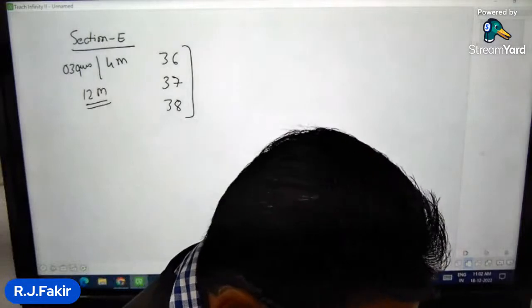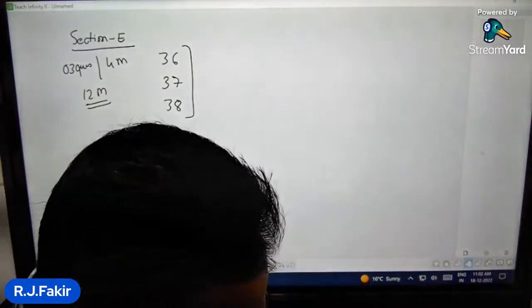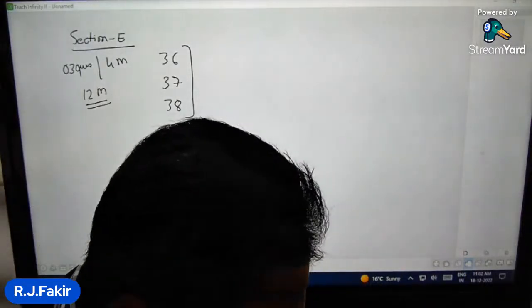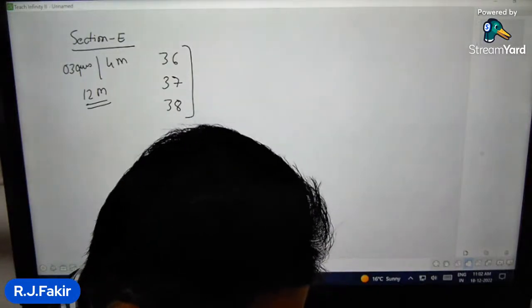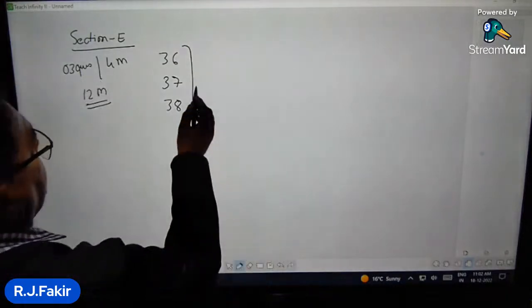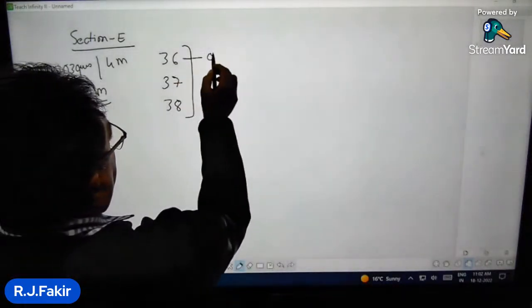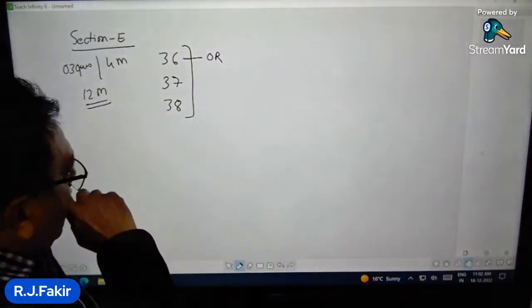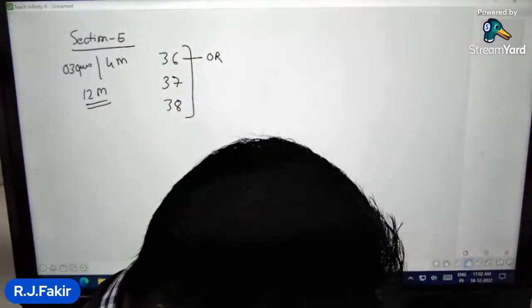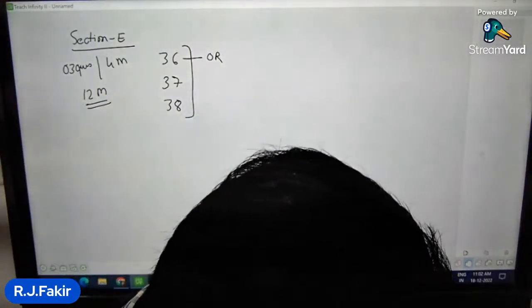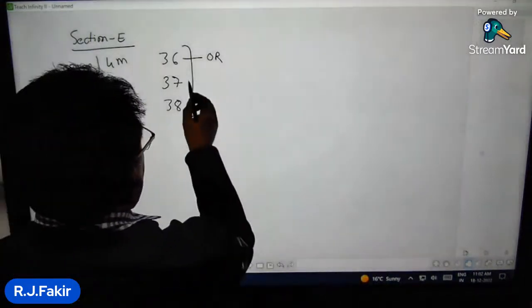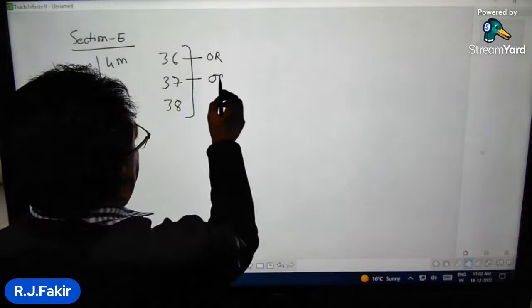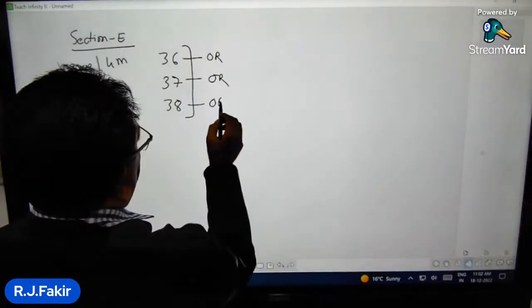Now what I find in this section, these are the case based questions. Let us first discuss the structure of this. Here you have the choice in 36. Then in 37 also you have a choice, and 38 also you have a choice.